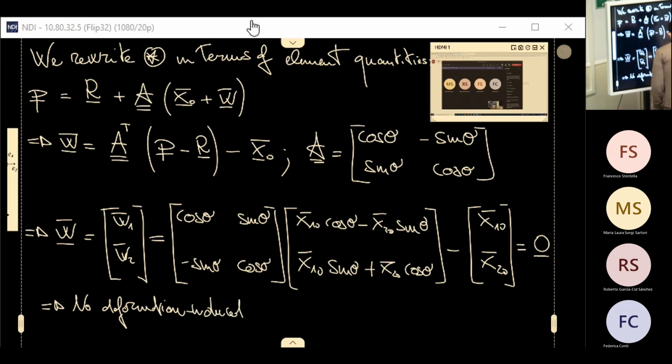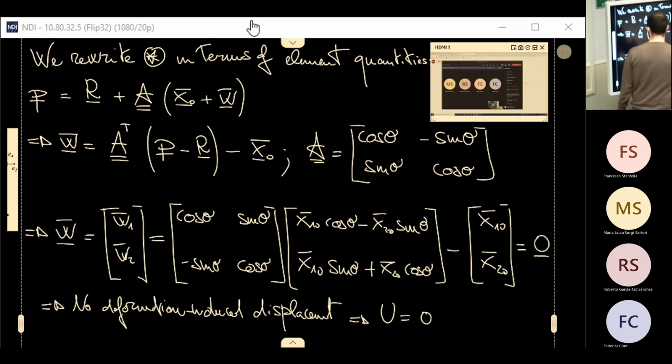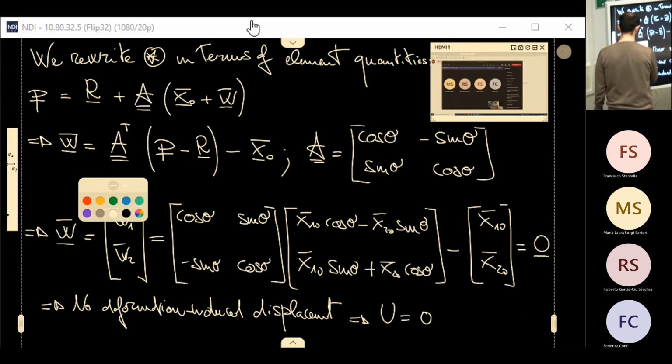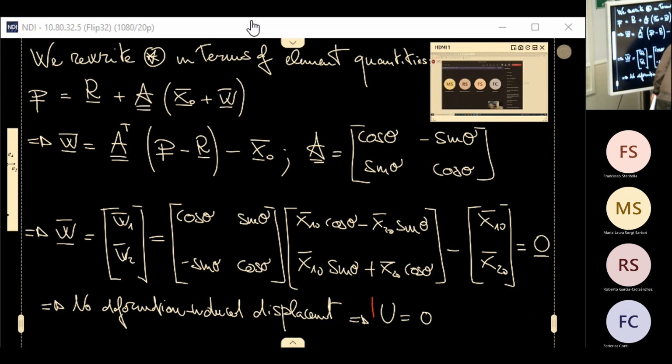No deformation induced displacement. And therefore, the energy, the strain energy, is 0. Okay. So this tells us what?